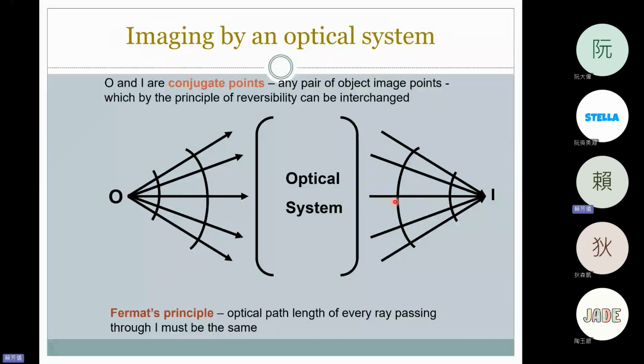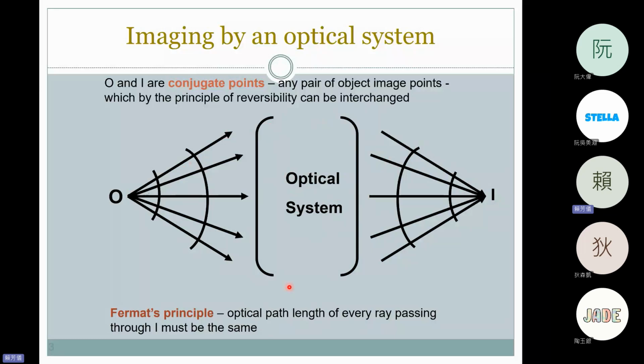I'll just quickly explain it: using Fermat's principle, they can assume that one light ray goes into the optical system, maybe along this line, and a second ray along this line, but they all have the same optical path length.